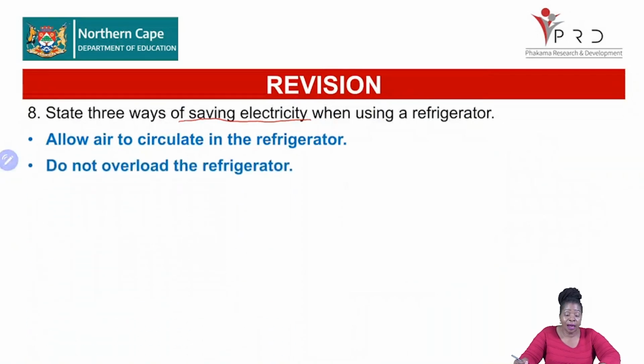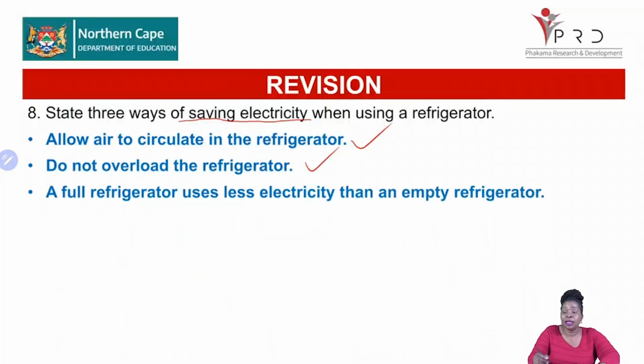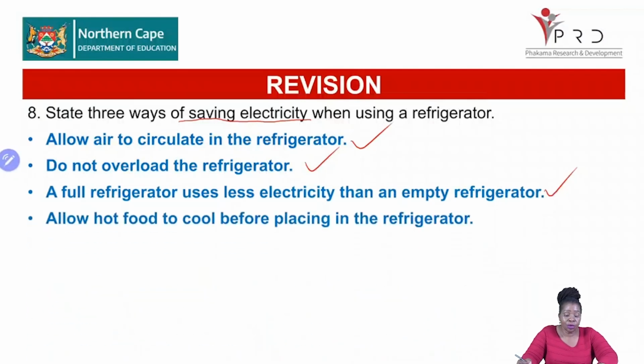We must allow air to circulate in the refrigerator, and also do not overload the refrigerator. Remember, a full refrigerator uses less electricity than an empty refrigerator. And also allow hot food to cool before placing it in the refrigerator.